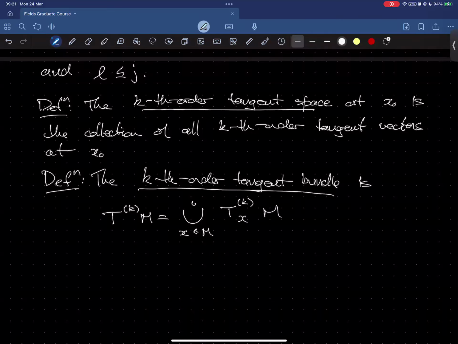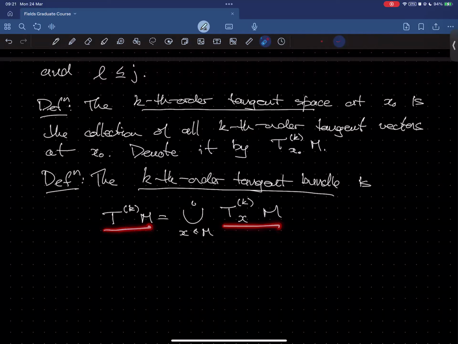Sorry, I didn't give the notation for this. The kth order tangent space I'm going to denote like this. And so the kth order tangent bundle is the collection of all kth order tangent spaces. So again, there's no difference in the definitions here conceptually.